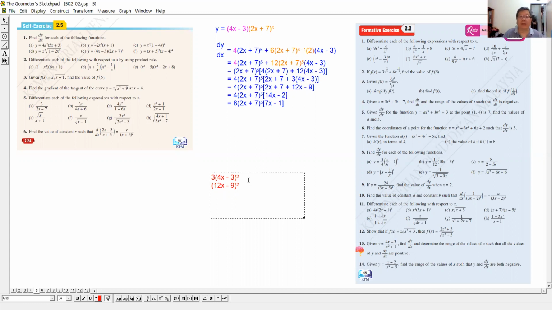Actually the 3 has no power of 2, unless we have 3 to the power of 2, which is not always the case. So you don't do like that.